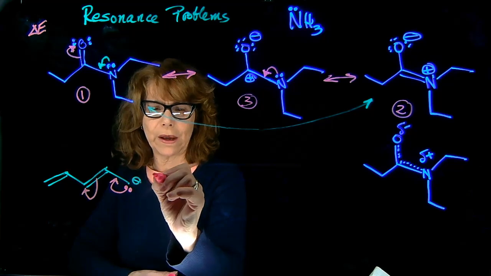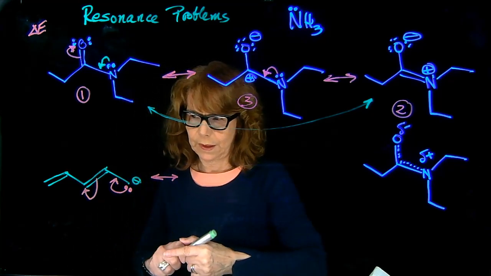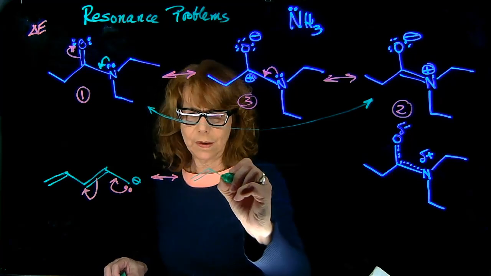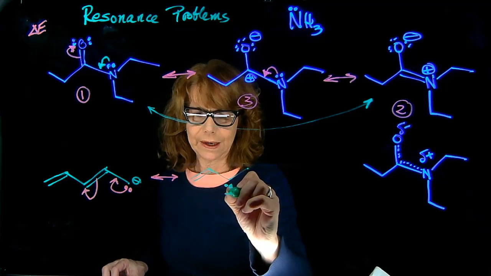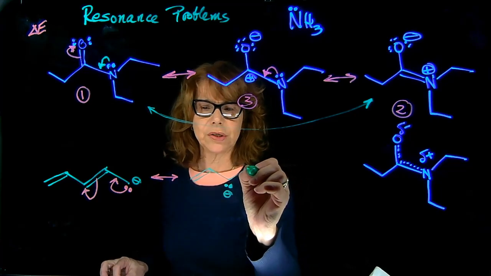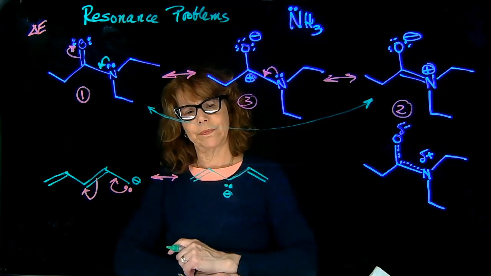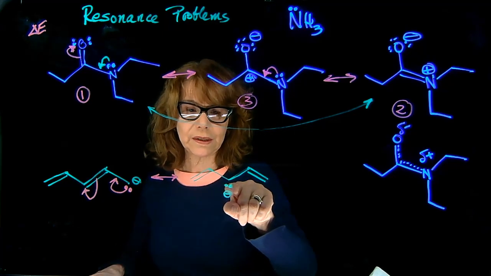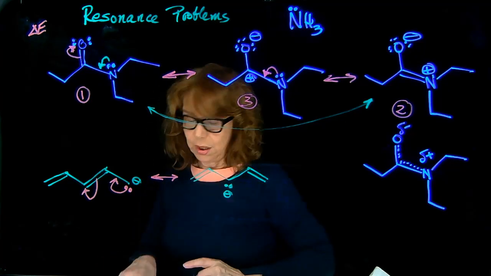So I'm going to draw my first resonance structure. It still has the double bond here, but now I'm going to have a lone pair, and that will be negatively charged. And now we're going to have a double bond here. Okay, so that's one structure. But still, I see that I have a lone pair at an allylic position relative to the double bond.